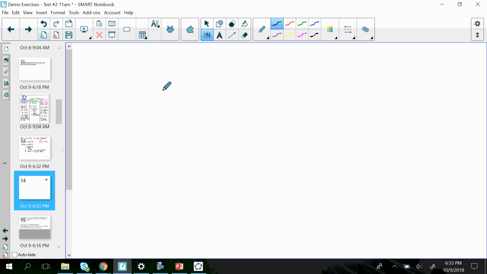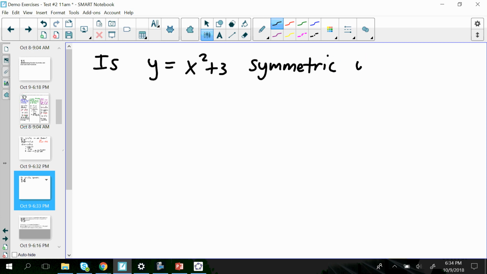Okay, and just to drive the point home a little bit harder to make sure it's clear, the other type of question is to say, is y equal x squared plus 3 symmetric with respect to the origin?